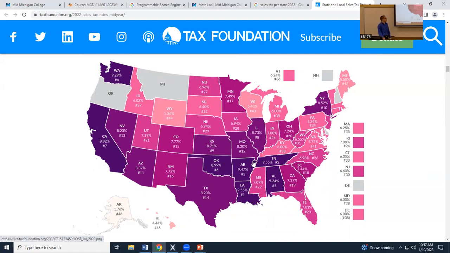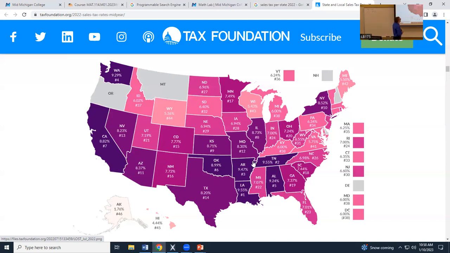So if you go into Chicago and want to rent a hotel room, they're going to apply tax, and then they're going to apply a city tax as well on top of that. So this is just the statewide average. We'll use those two numbers going forward. Michigan, 6%. And then Illinois at 8.73%.